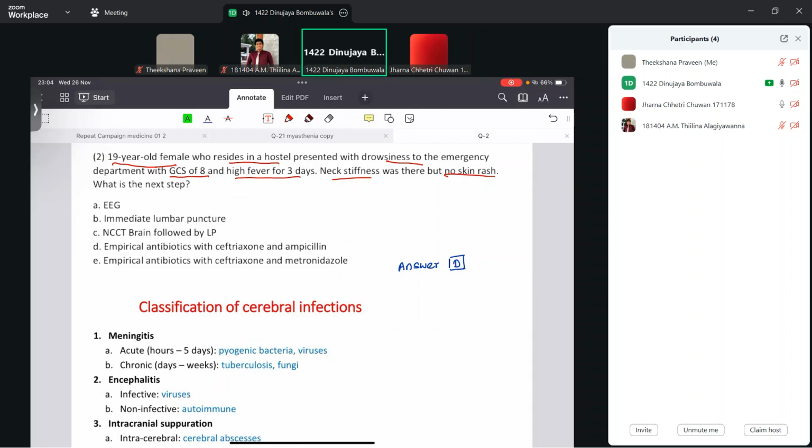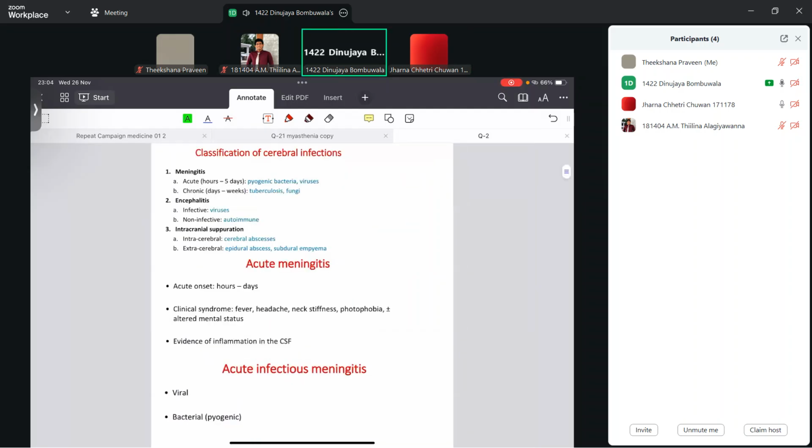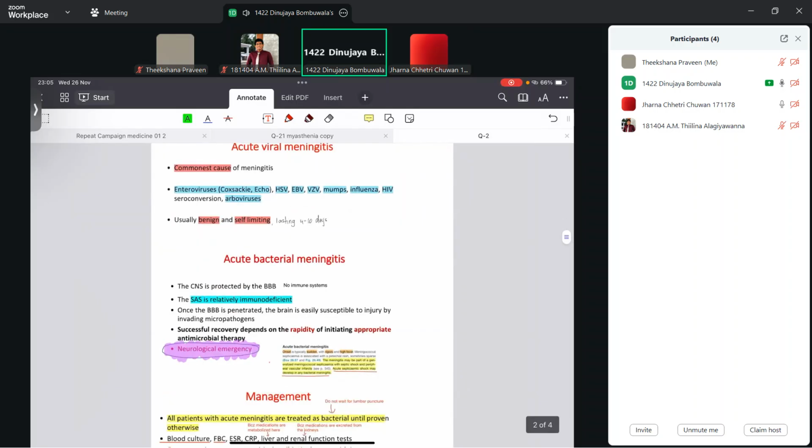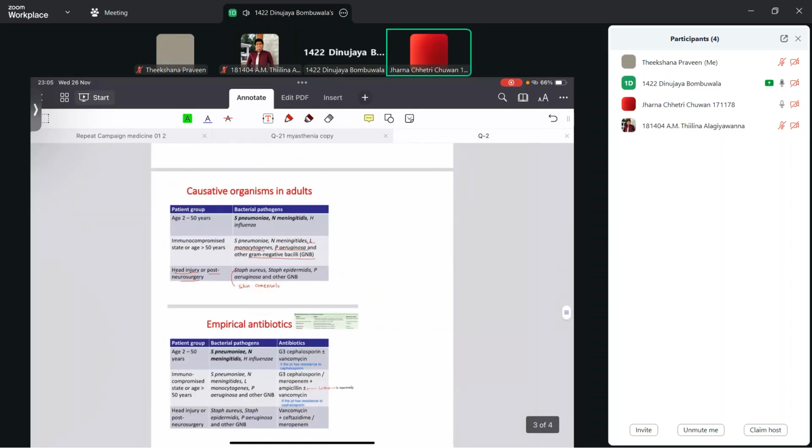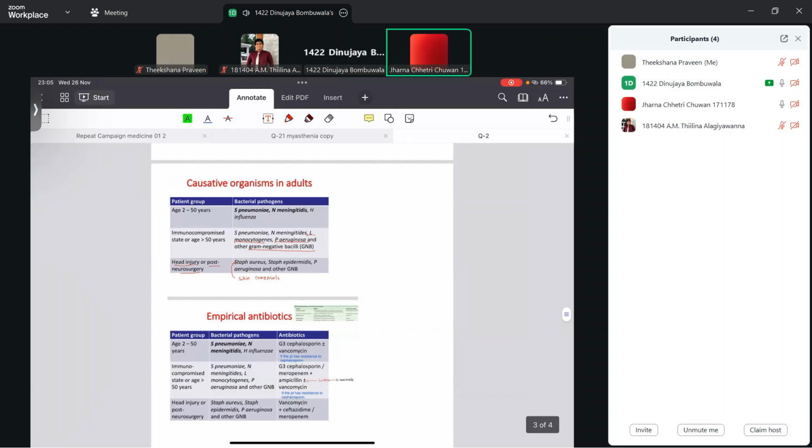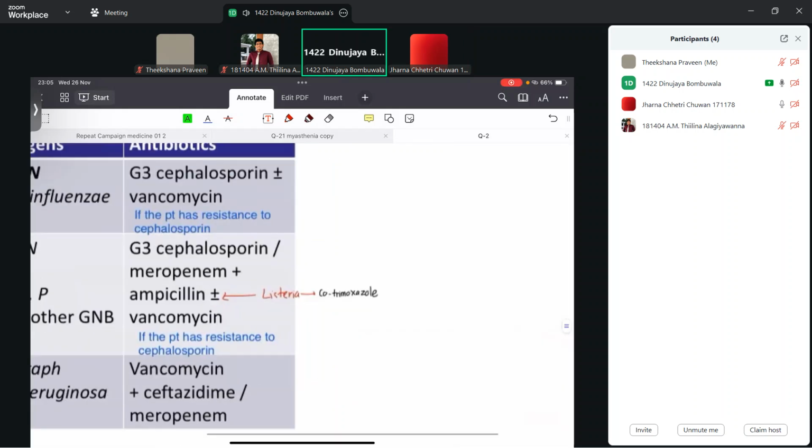Ampicillin also covers one organism which is not covered by ceftriaxone, and as far as I can remember, it is listeria. We are not using metronidazole for any CNS infection. Okay, so we discussed these things. Ampicillin for listeria.